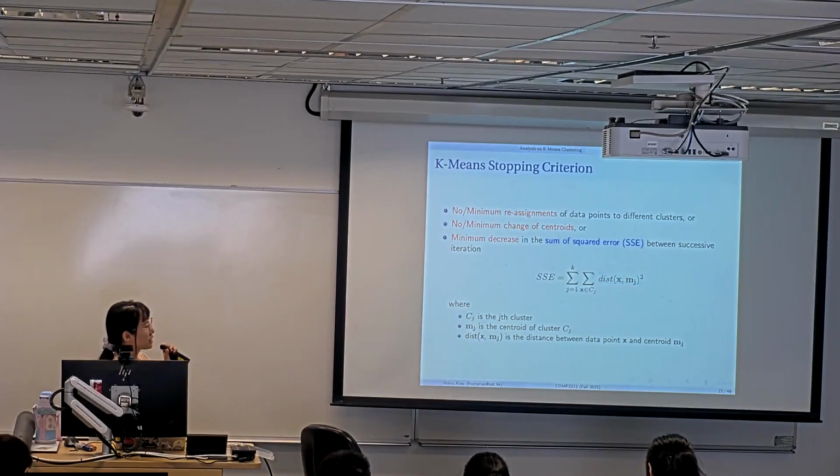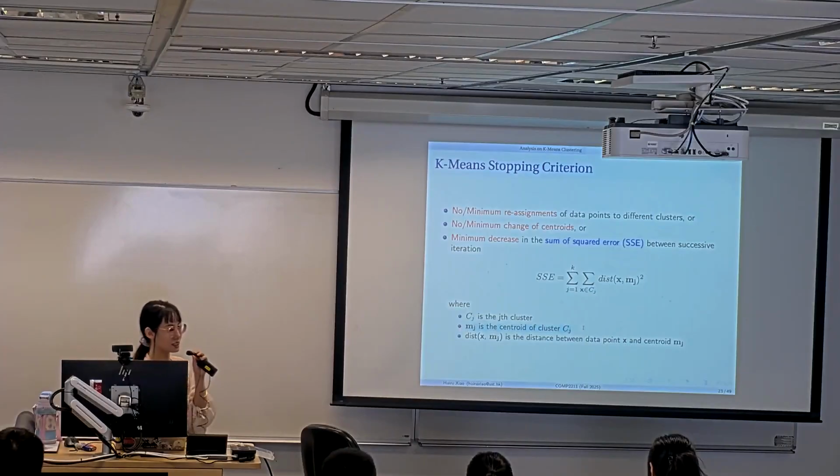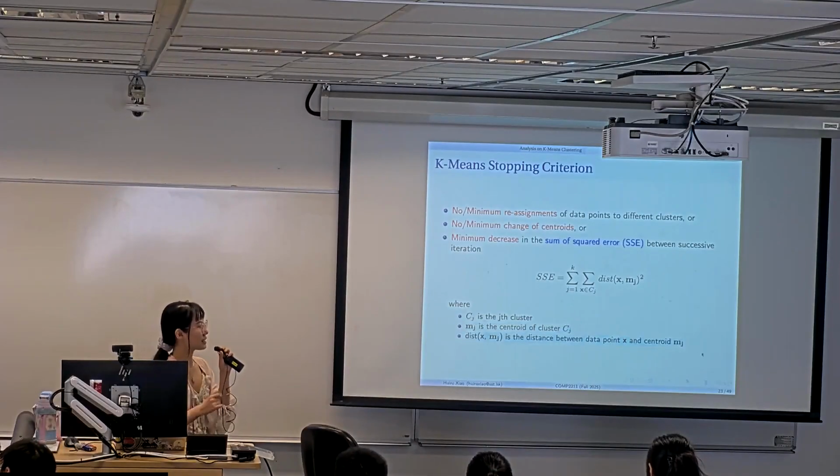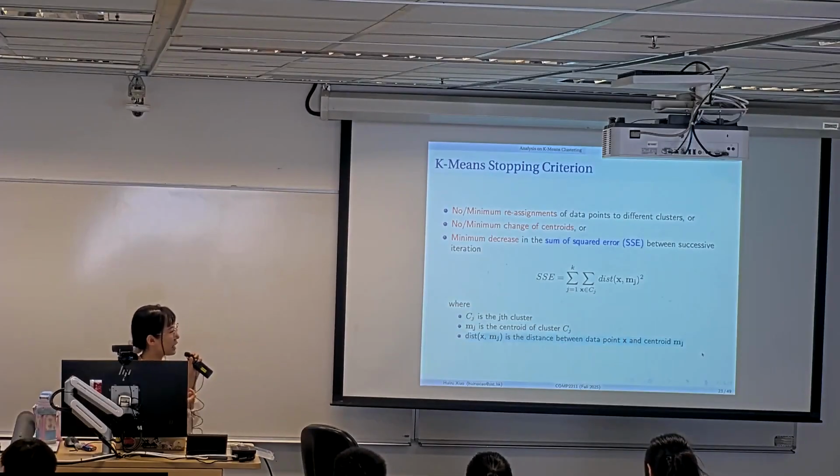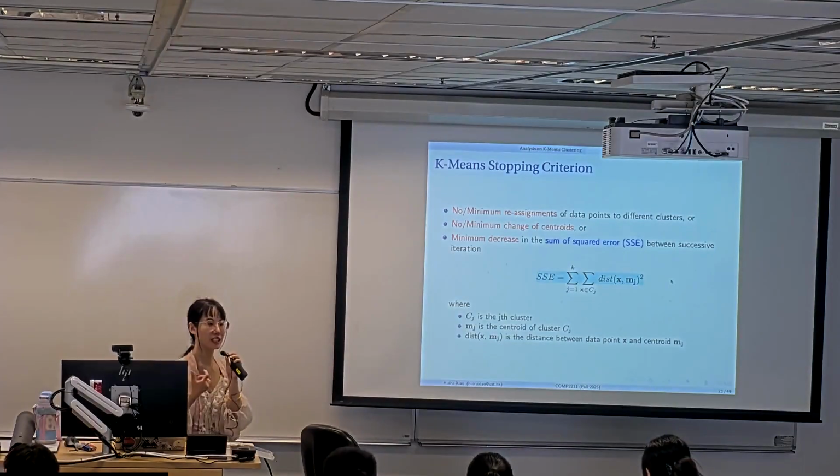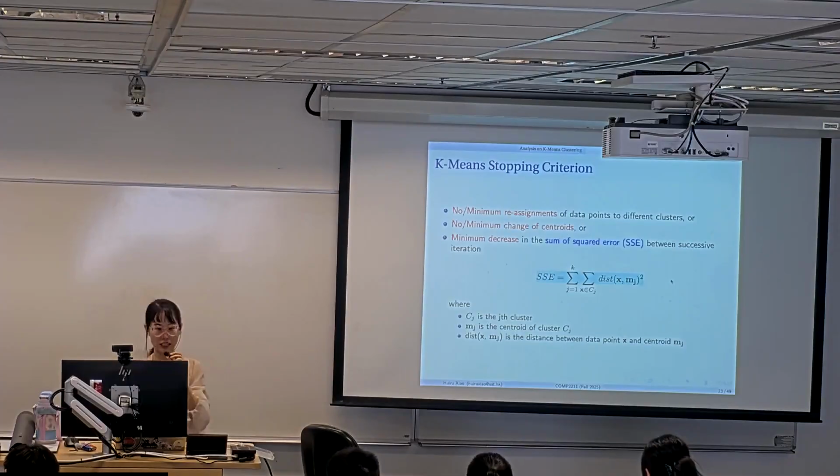Here Cj is the j-th cluster, and mj is the centroid of cluster Cj. Then the distance between x and mj is the distance between the data point x and the centroid mj. So basically, for each cluster, we find all the data points belonging to that cluster, right?